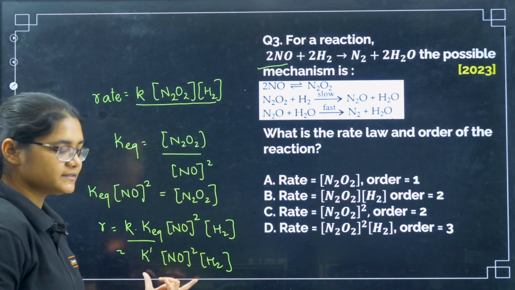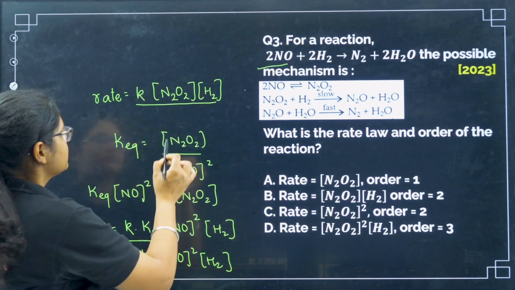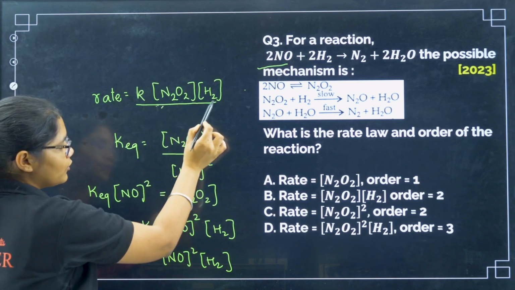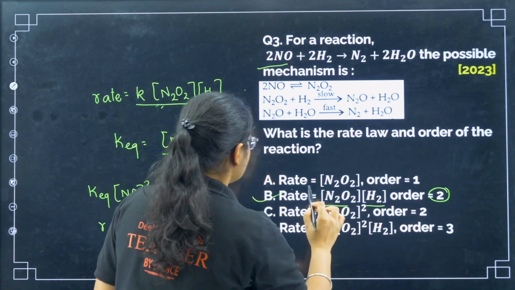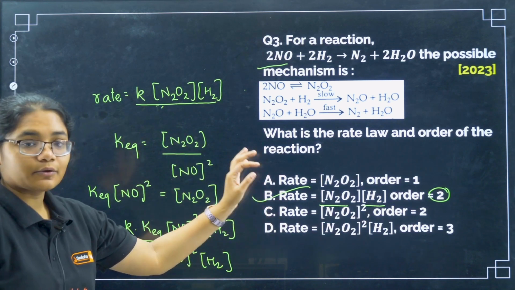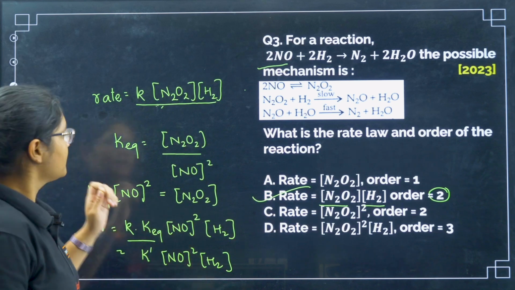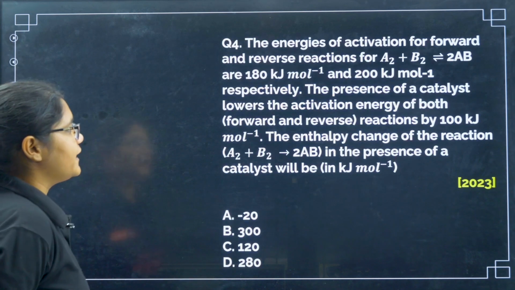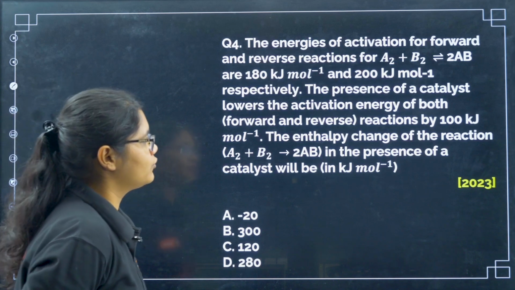If this option is there, this one will be the answer, but we have been given all with N2O2, so that means N2O2 and H2 will be there, because we have the slowest step, and order will be 2, so option number B here. If the options in the question are given in terms of NO, then this has to be the answer.